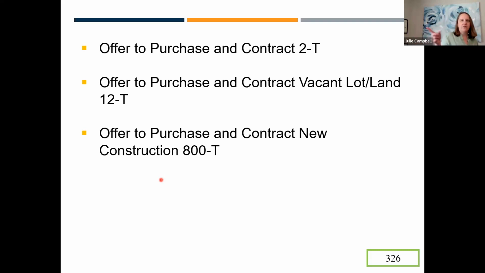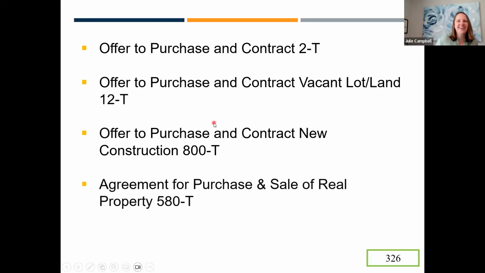I asked this yesterday: nobody's doing commercial, right? Okay, it's cool. If you ever wake up one day and decide to go into commercial, there is a contract in the commercial world as well, the agreement for purchase and sale of real property, 580T.